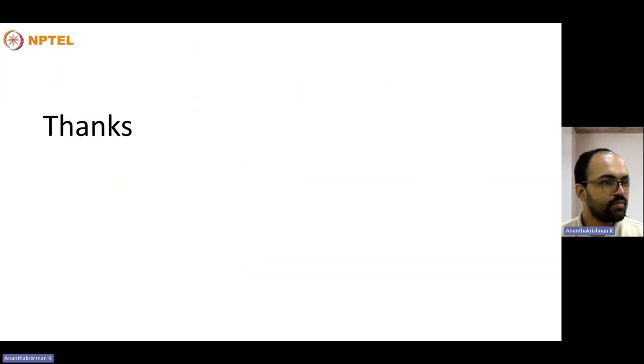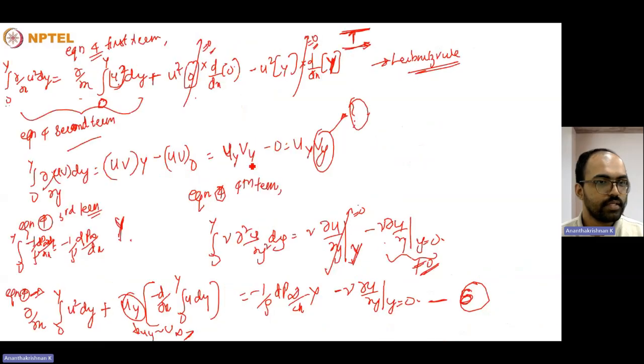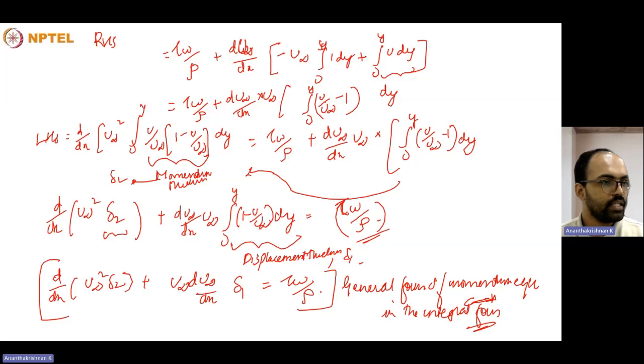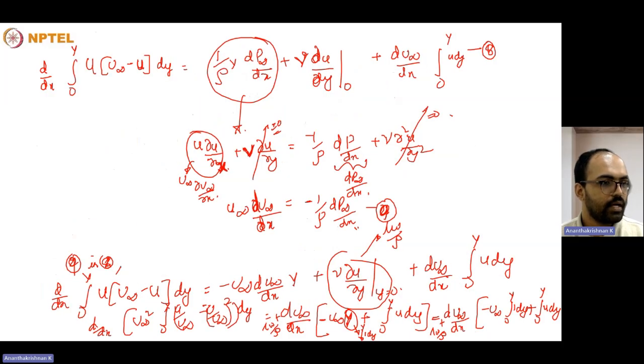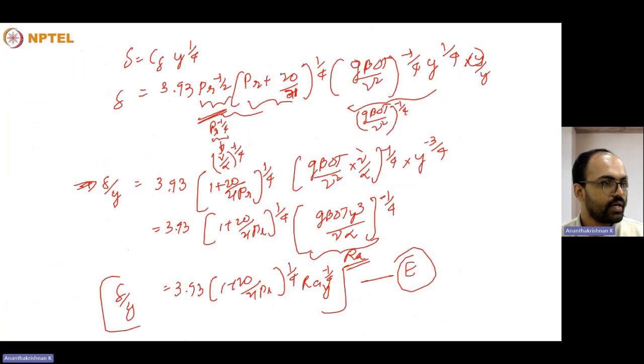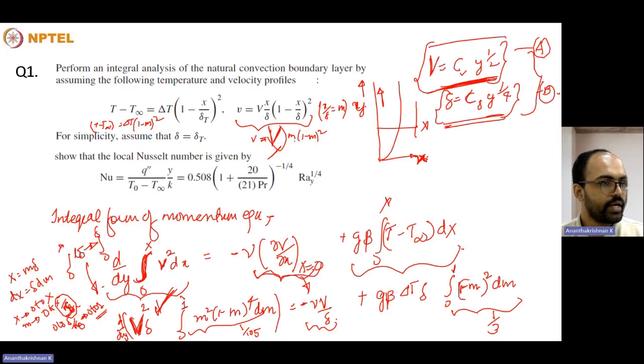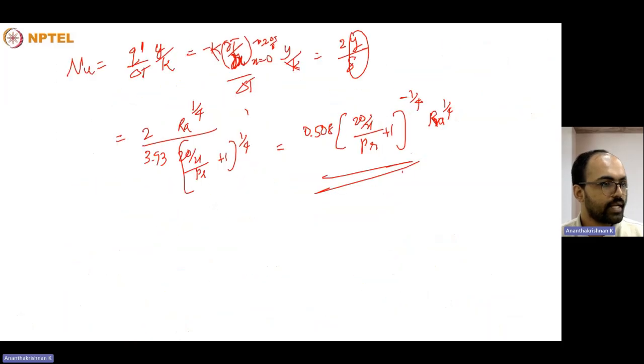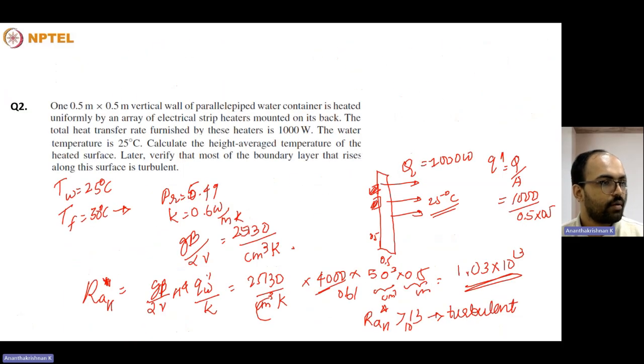That completes the session for this week. In this session we have seen a doubt being cleared regarding the momentum thickness, and we have seen three questions based on natural convection. One is an integral solution based on a temperature and velocity profile, and the second one is a numerical problem to calculate the temperature of the surface if you know the heat transfer coefficient, where we have seen the concept of the flux Rayleigh number.